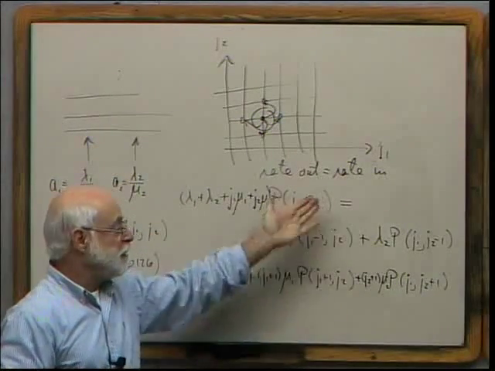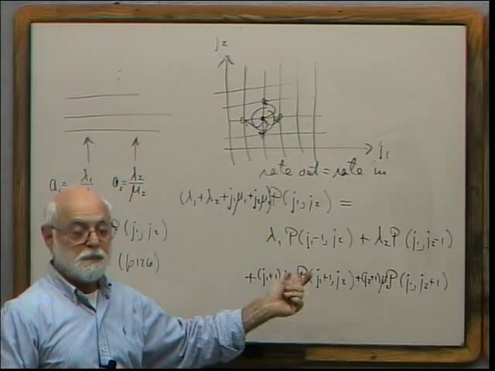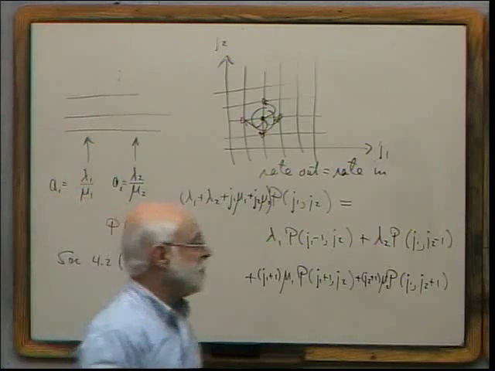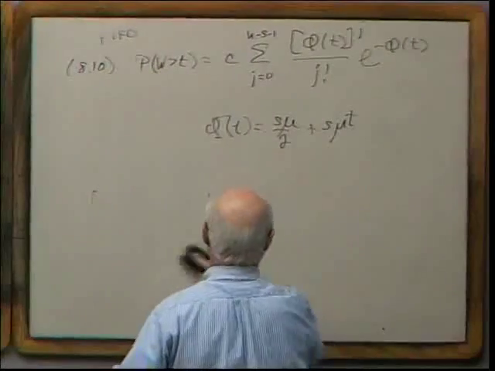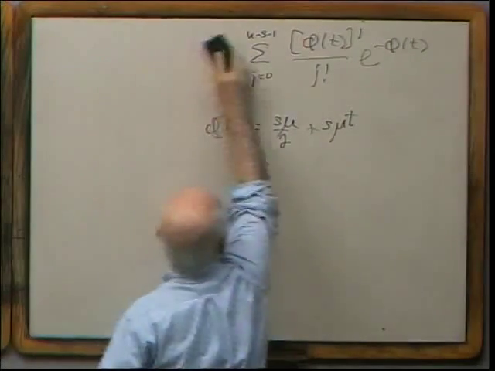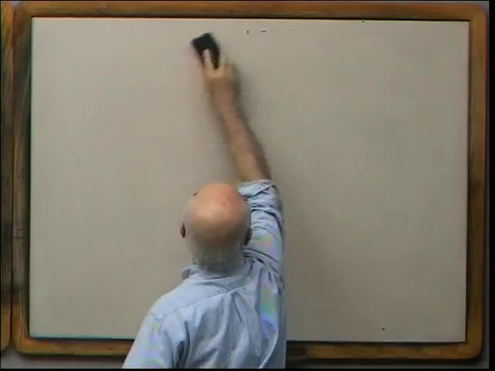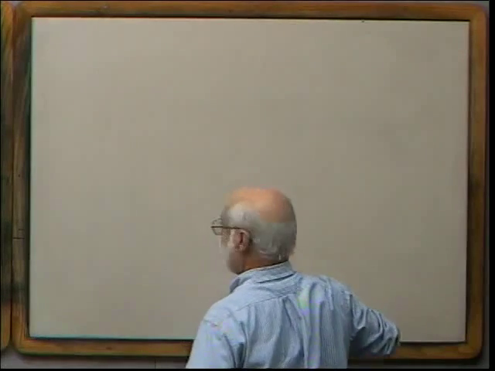But it turns out that there are amazing simplifications. So let me start with the first one. So I'm going to solve these equations, but I'm going to solve them initially by a trick.